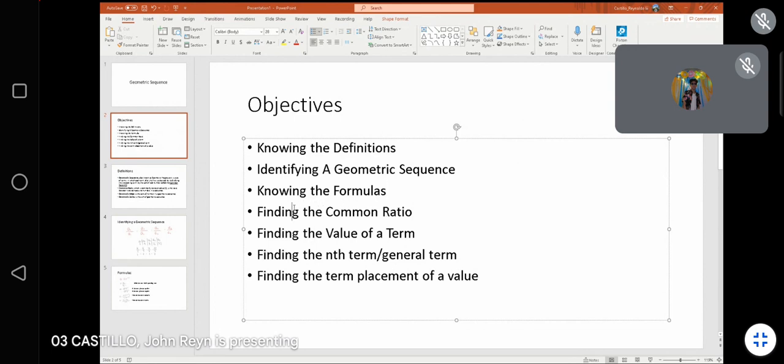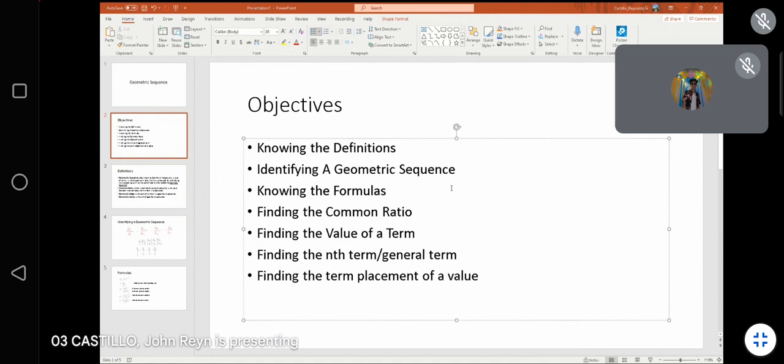Then next is finding the parts of a geometric sequence. First is the common ratio, the value of the term, the end term or general term, and the term placement of a value. Let's say a sub n is 16.